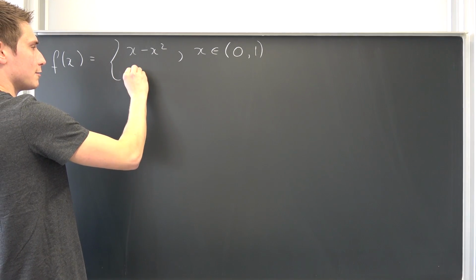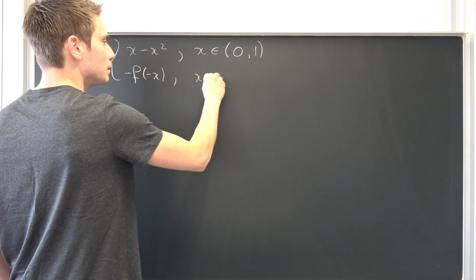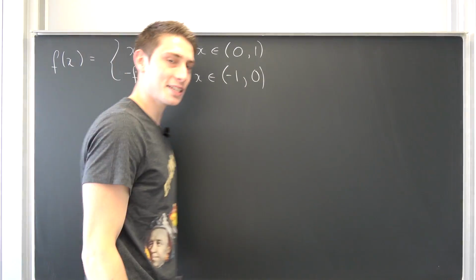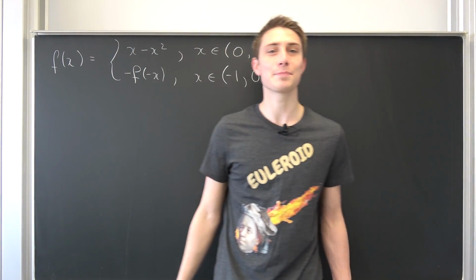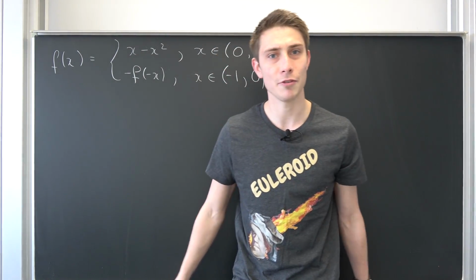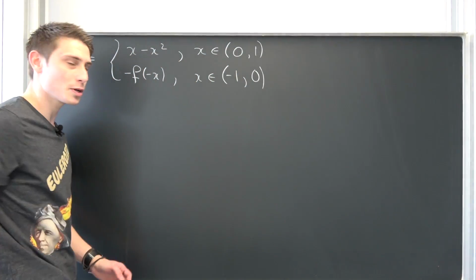Or we have that this is nothing but negative f of negative x on the interval from -1 to 0. This might seem really arbitrary, it is, but like many things in analysis, you have to construct yourself something to get things worked out. So that's the function we are going to deal with.